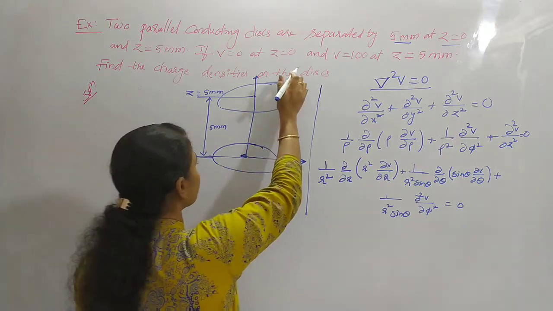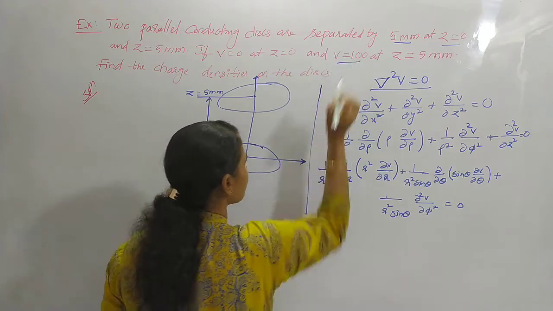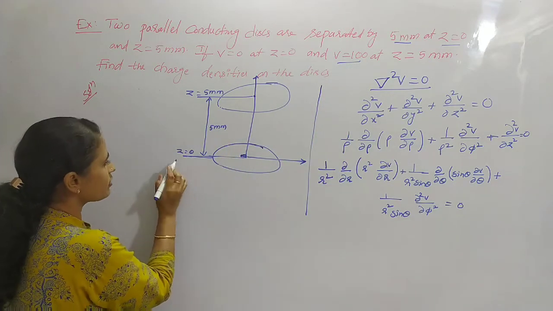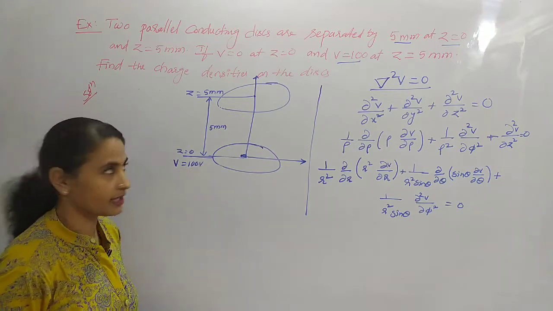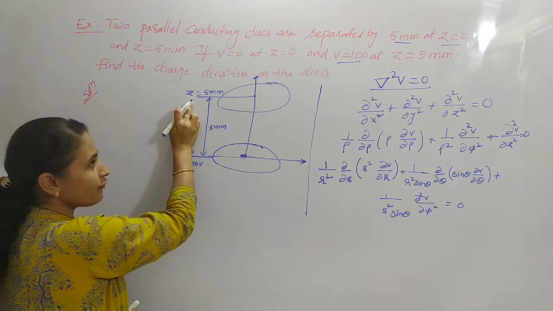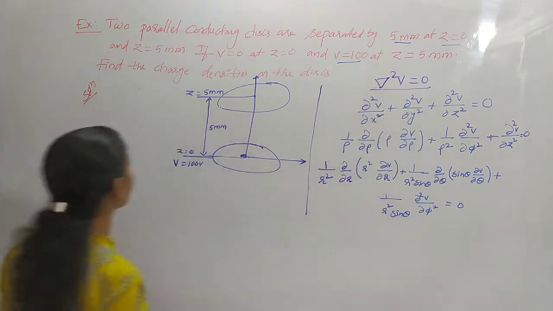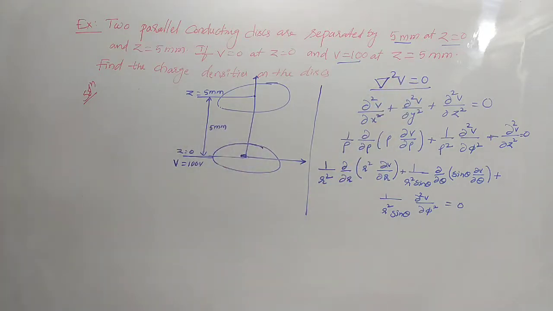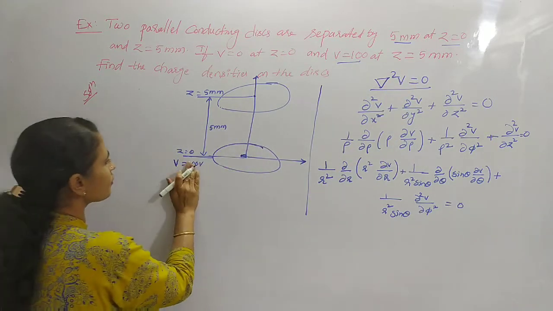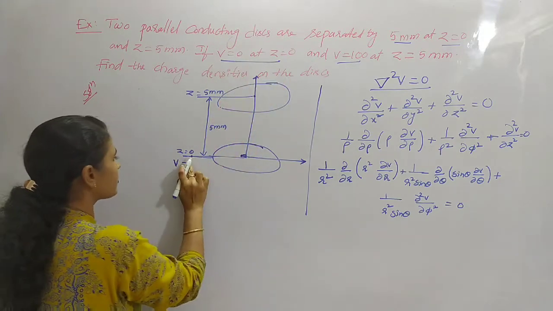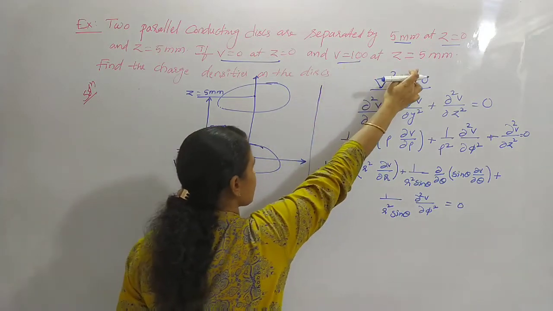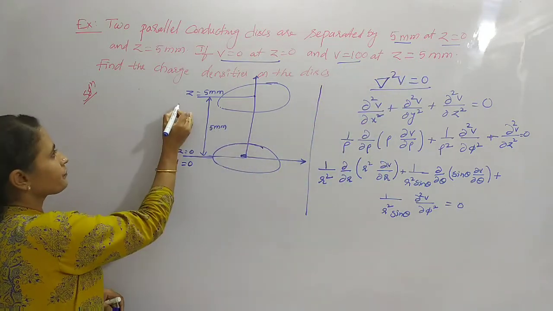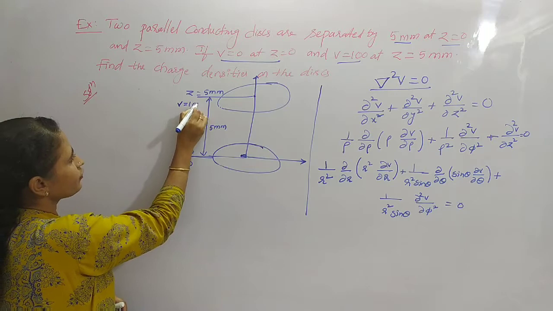At z equal to 0 the voltage is given as 0, and at z equal to 5 mm the voltage V is 100 volts.